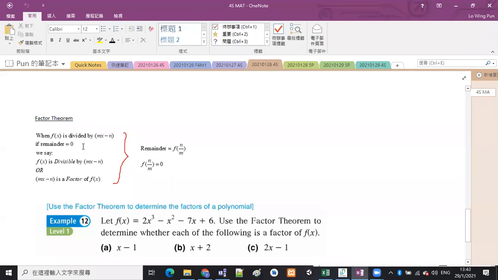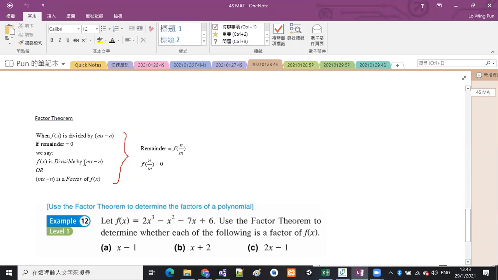So that is how we can check whether an expression is a factor of a function or not. When the remainder is calculated to be equal to 0, then that expression will be a factor of f(x). If the remainder is calculated to be not equal to 0, then that is not a factor of f(x).